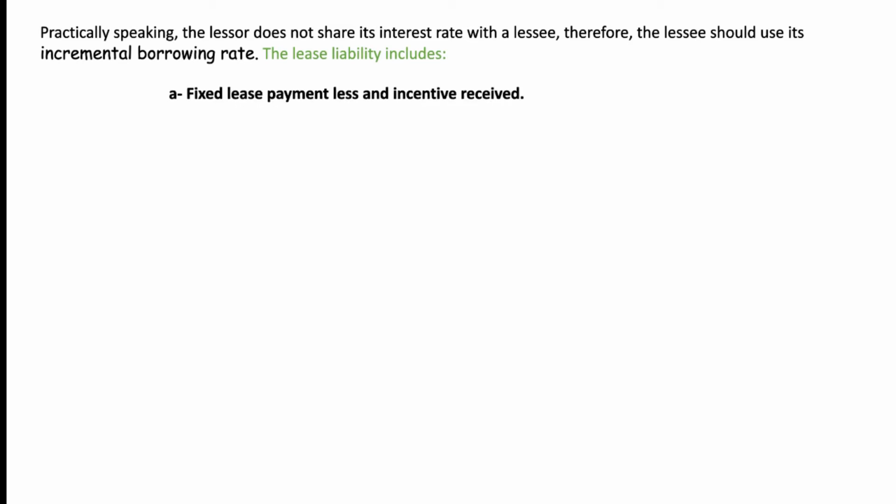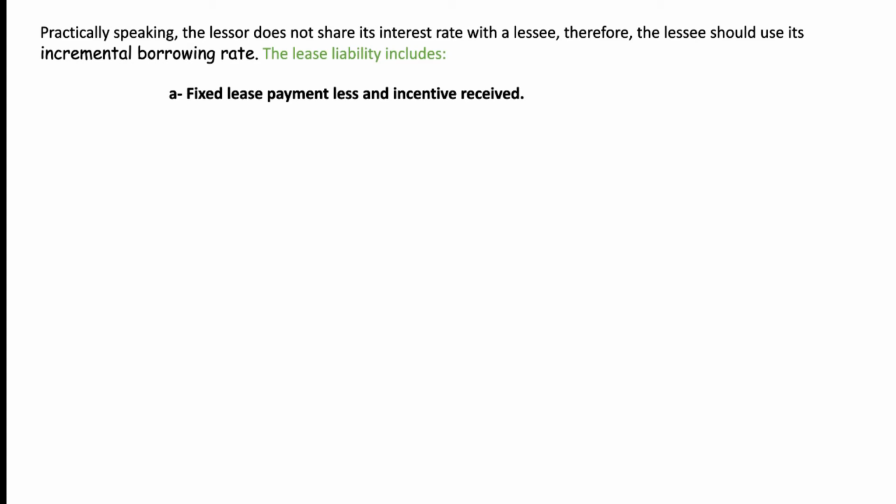So the lease liability includes fixed lease payments less any incentive received. Fixed lease payment is the amount of money that the lessee is going to pay yearly or monthly to the lessor for using the underlying asset.